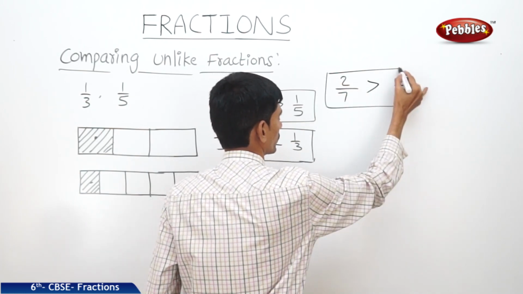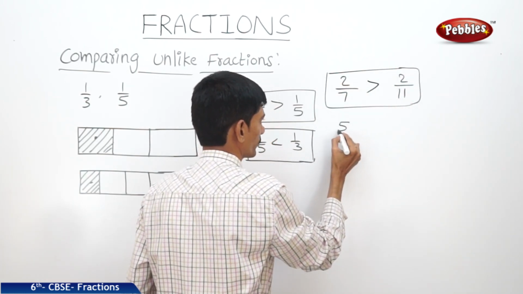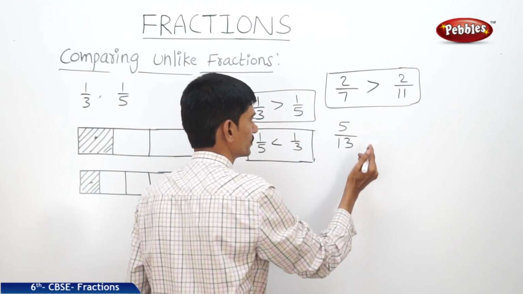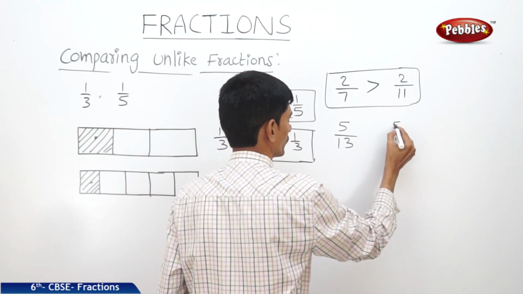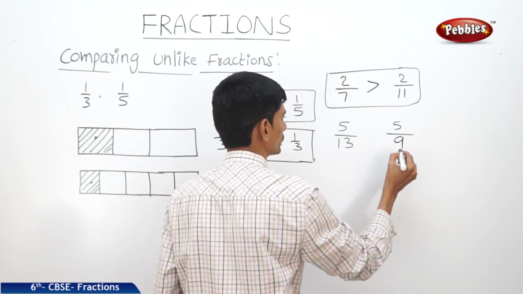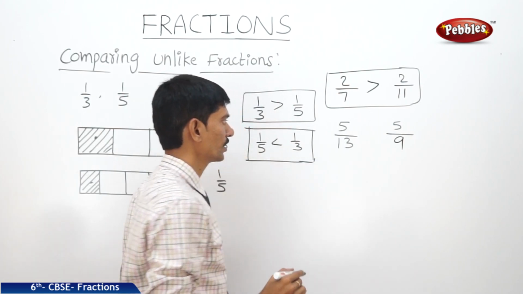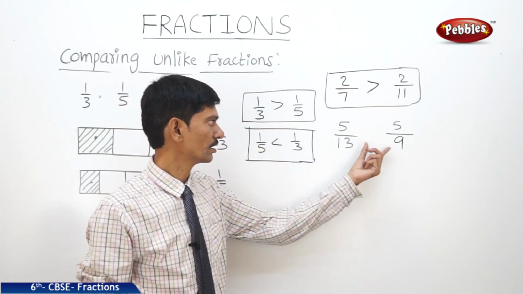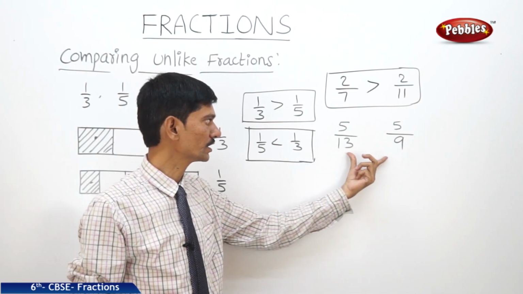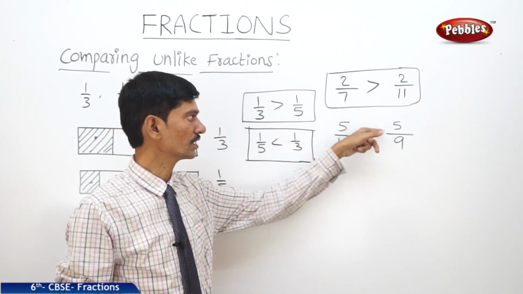And if you take 5/13 and 5/9, so here also the two fractions are unlike fractions. The denominators are not equal, but the numerators are equal.